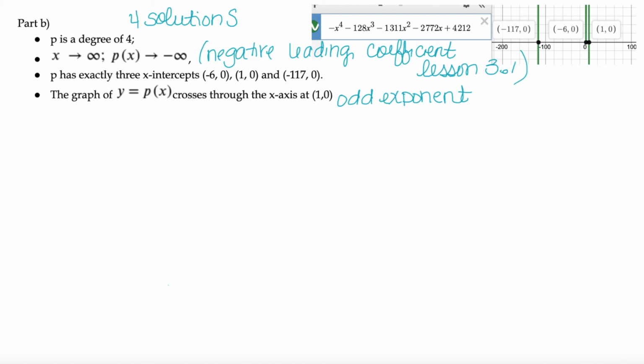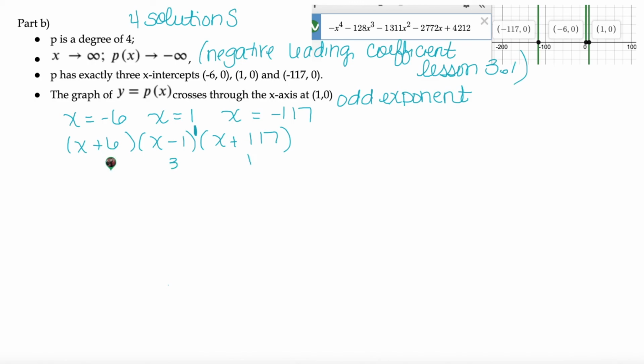So if we're thinking about x equals -6, x equals 1, and x equals -117, going backwards, we'll have x plus 6, x minus 1, and x plus 117. This tells me that this has to have an odd exponent, because if the next odd exponent was 3, we would have 3 solutions here, 1 here, and 1 here, but that would be a total of 5 solutions, and we know we only have 4.